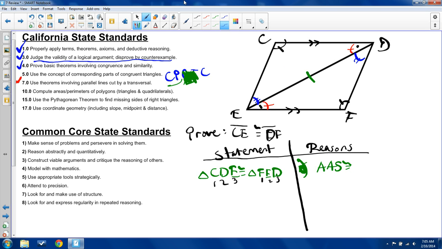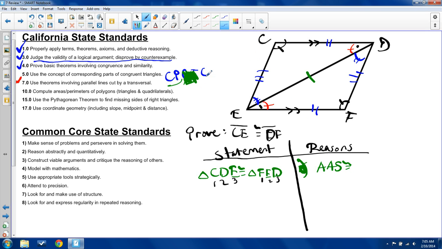Now the segments in between are congruent as well. Here's the important part for this proof. CD is congruent to FE, 1, 2, and 1, 2. CD and FE are congruent. DE and ED, 2 and 3, are congruent. That's the reflexive property there. And the last one, CE, 1 and 3, and FD, 1 and 3, are also congruent.